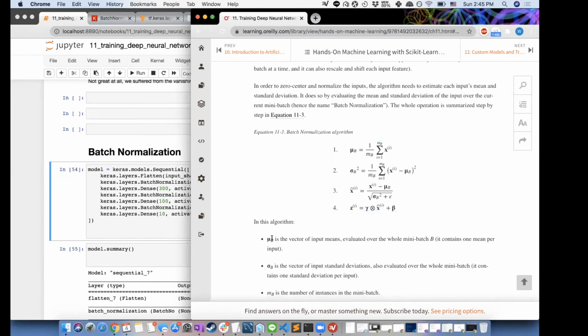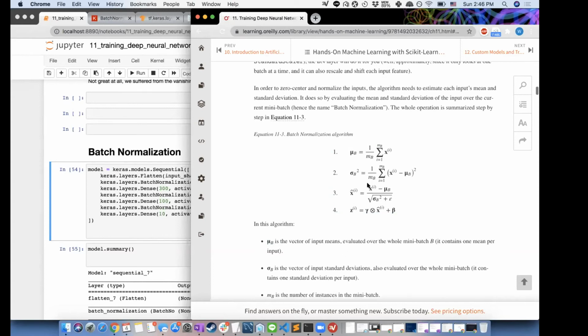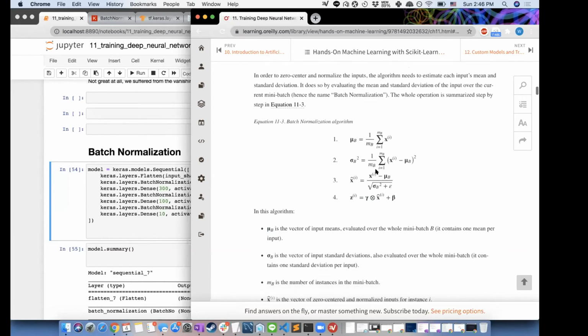Again, mu B is the vector of input means evaluated over the whole mini-batch B. It contains one mean per input. And I believe when he says input, it just means it's a vector.